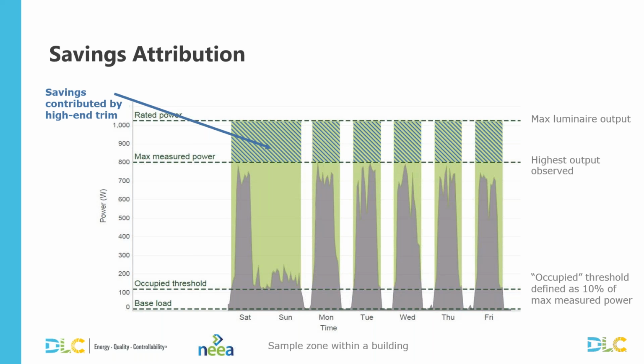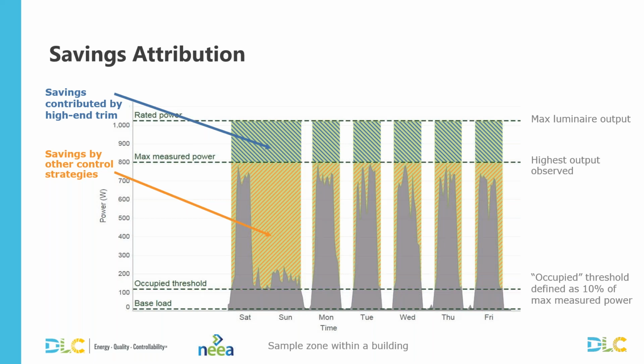They are most likely savings exclusively due to High-End Trim. And the rest of the savings, represented by the green areas with orange stripes, would be the contribution of all other control strategies combined. And we will separately look at these two savings in one of the later slides.